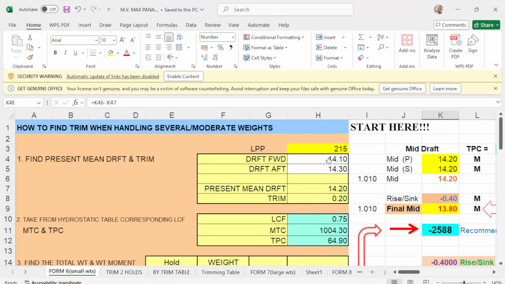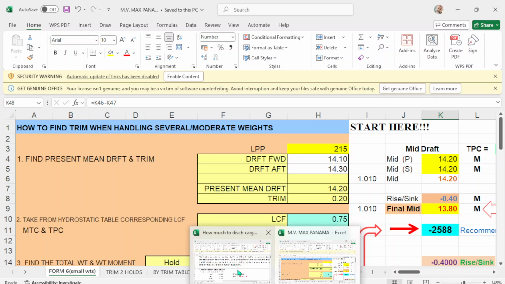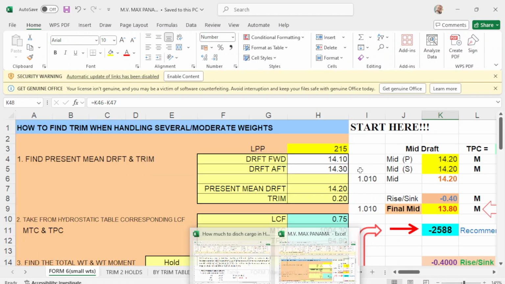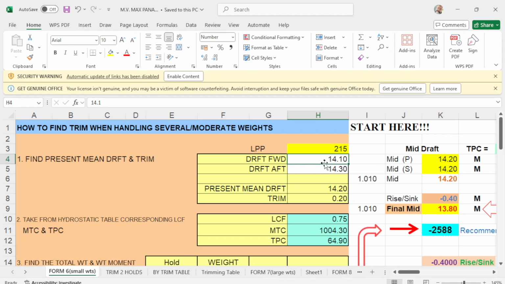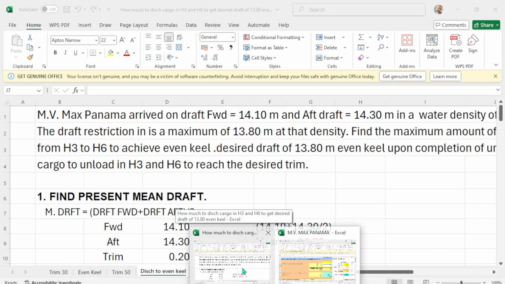So the forward draft is 14.10, so we put here 14.10, and the aft draft is 14.30.